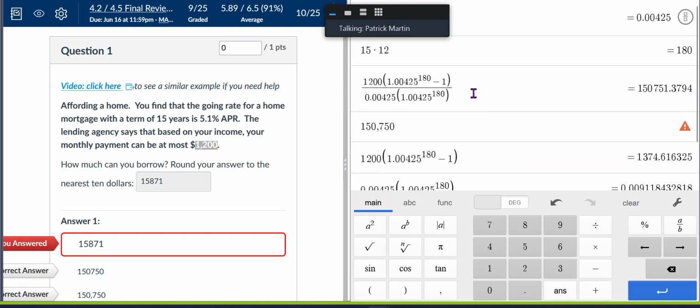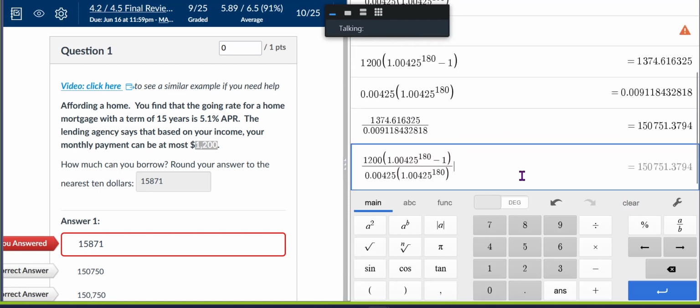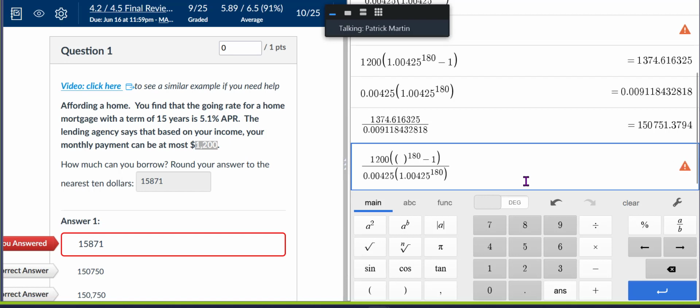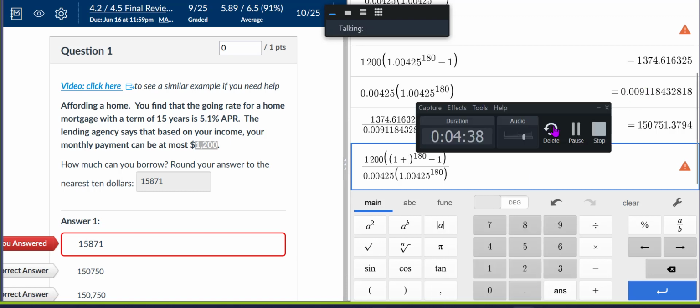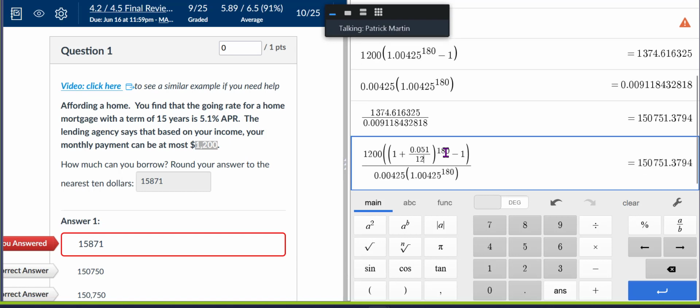Or the other way you could have done this was to do the dividing by 12 all at once. So instead of 1.00425, we can do 1 plus 0.051 over 12, right?